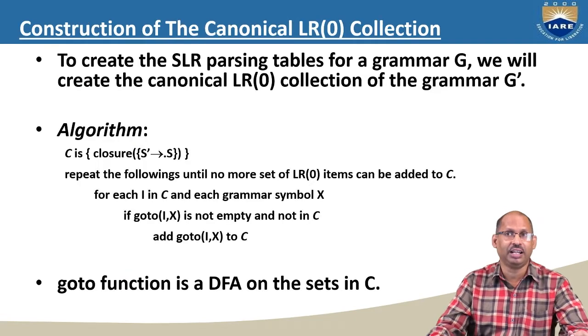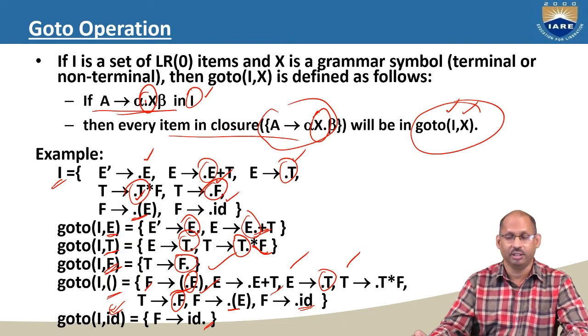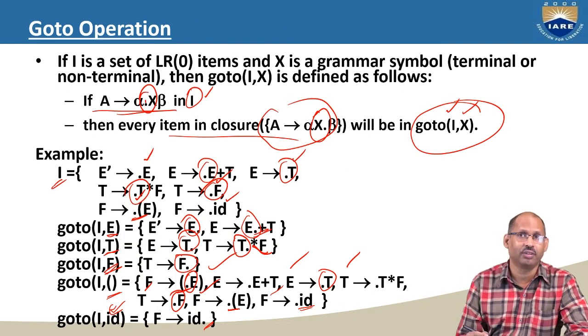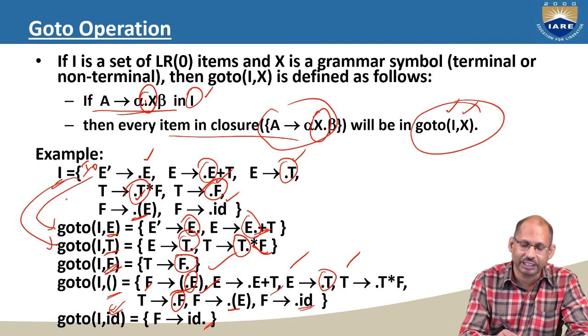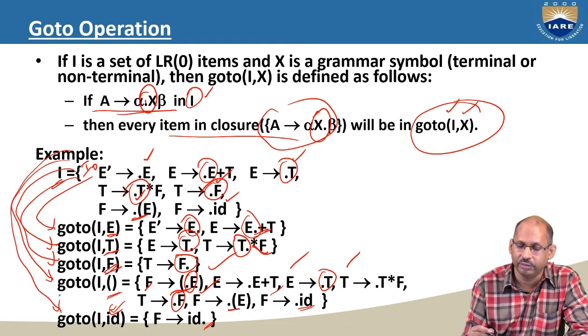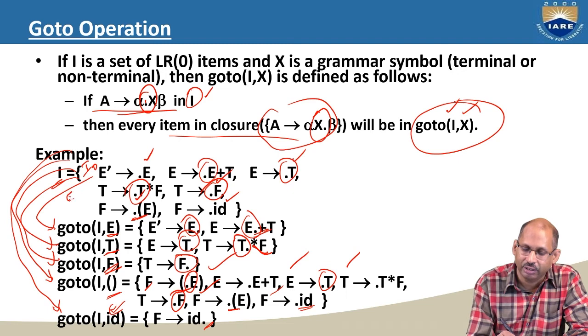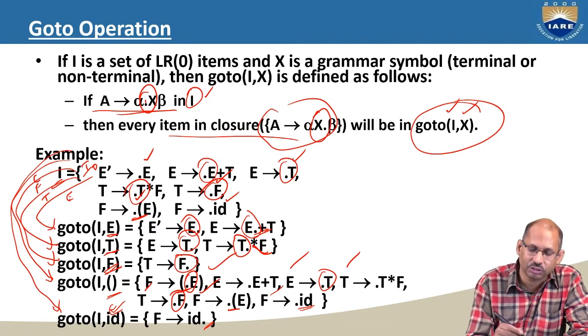Listen here. In the previous slide we have seen this, right? This is what we consider as I0. This I0 results on E goto operation, T goto operation, F goto operation, left parenthesis goto operation, then ID.